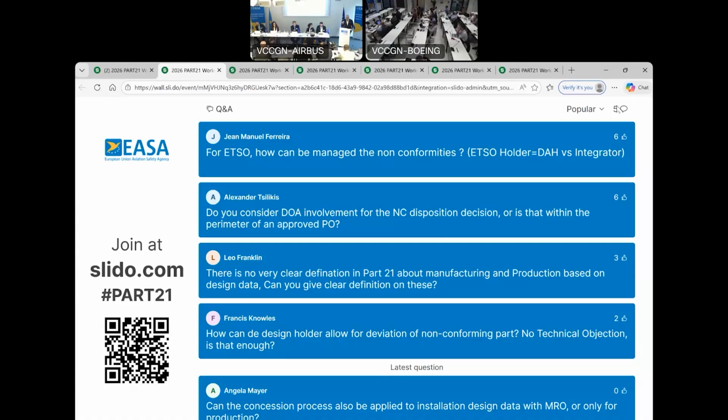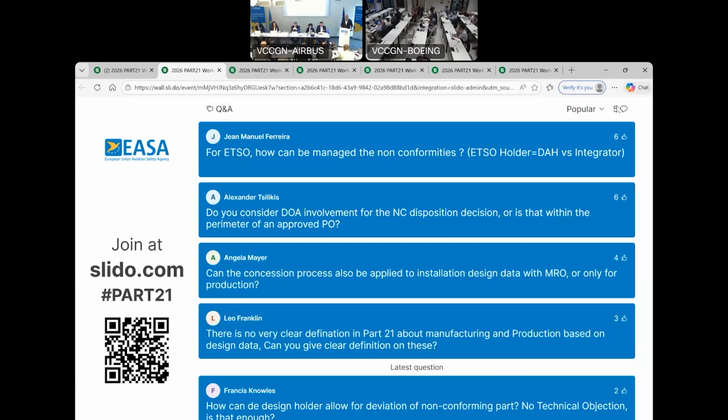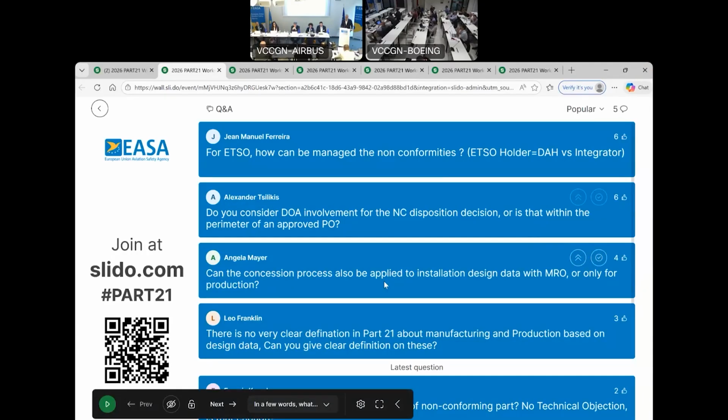Yes, but I don't understand. Who shall approve the concession in this case? Well, first the ETSO approval holder, and then also accepted by the integrator in case there is an impact on the DDP, let's put it this way. Because if you have an impact on the DDP, you might have installation issues. So I believe that this is the difference.